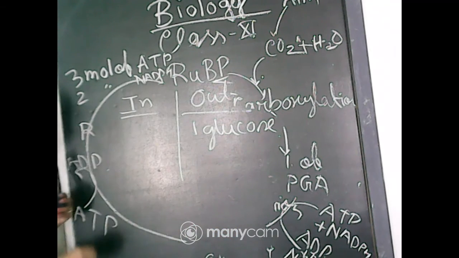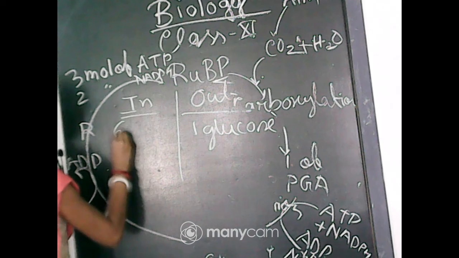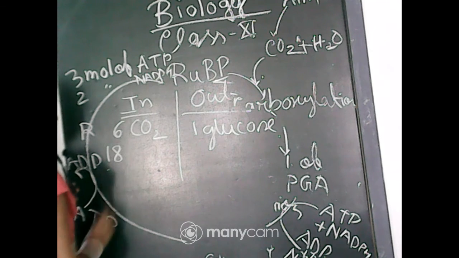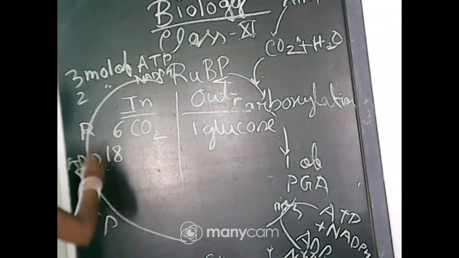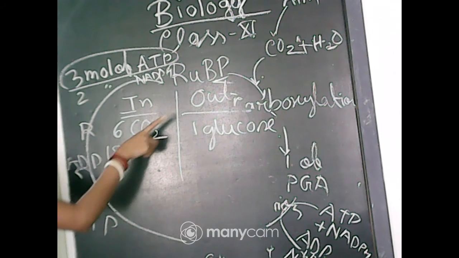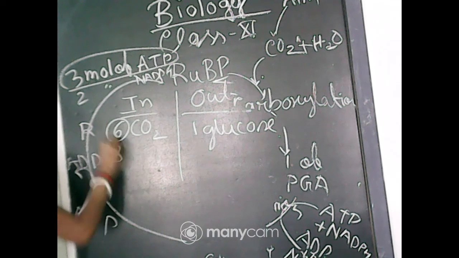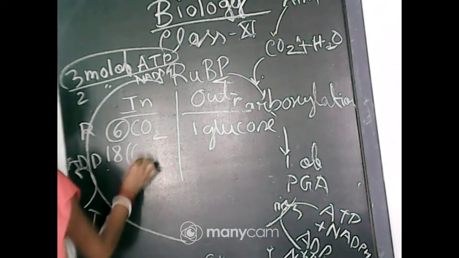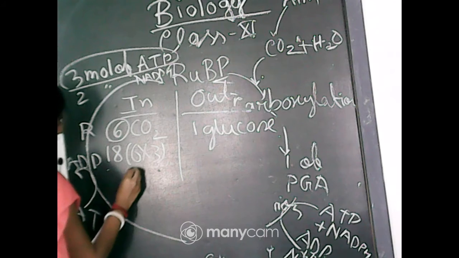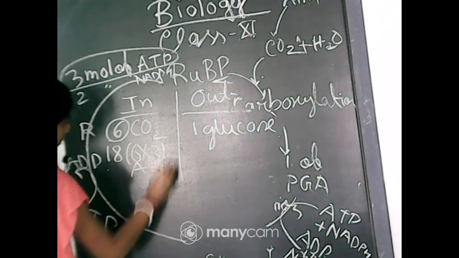So for 1 molecule of glucose, 6 carbon dioxide are required, and 18 ATP. Why 18? Because 3 molecules of ATP are needed for 1 cycle, for 1 carbon dioxide. So for 6 CO2, 6 into 3 is equal to 18. So 18 molecules of ATP will be required.